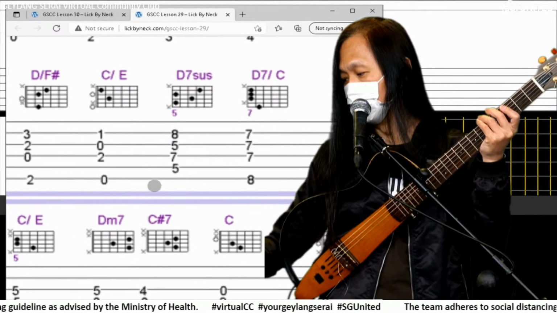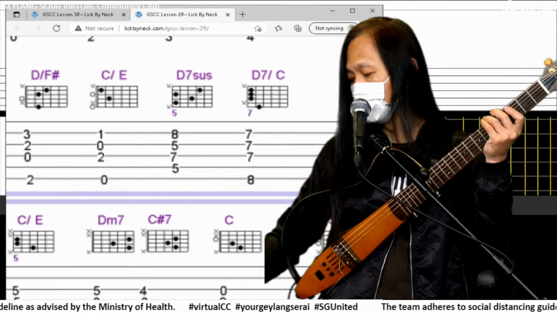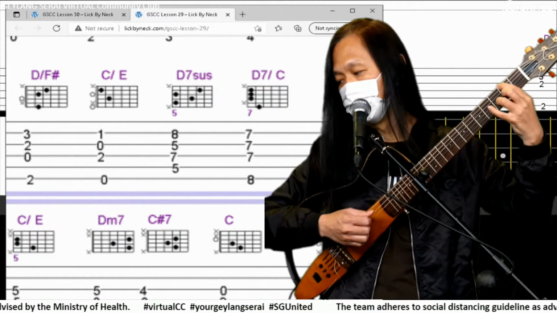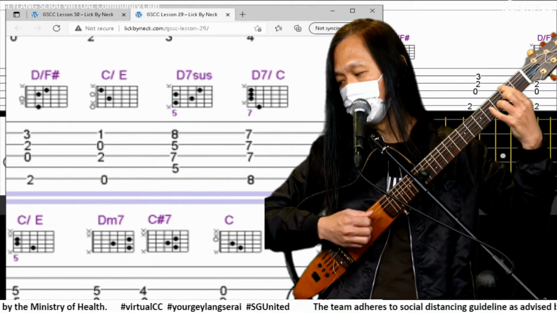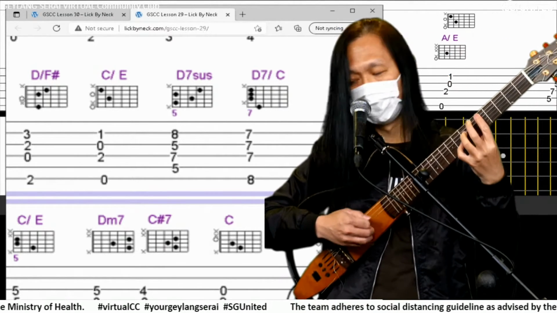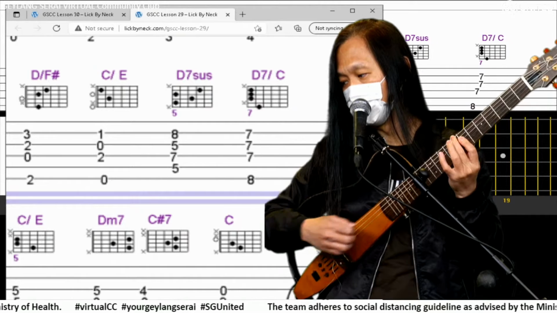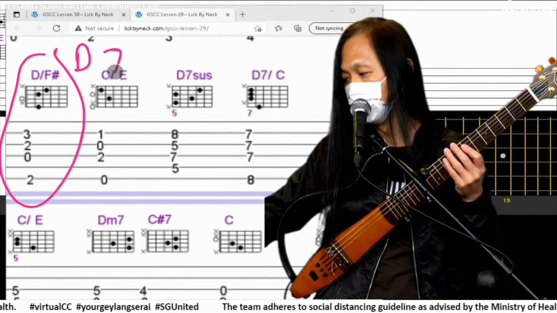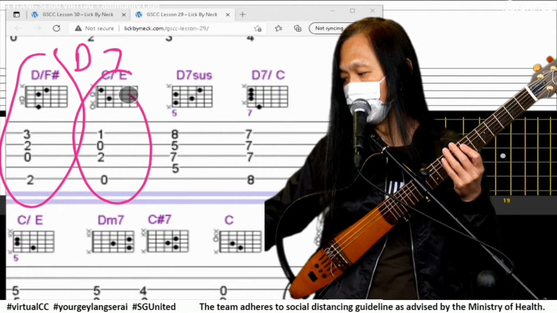Okay, so this is the, over here is this one. This is the inversion of D7, and you can see this one.